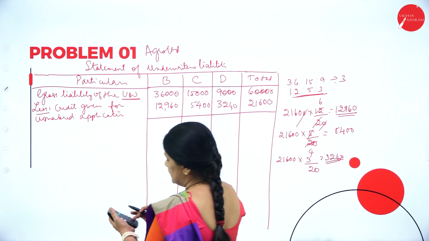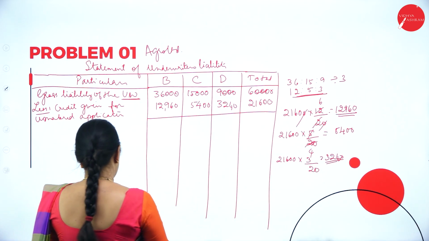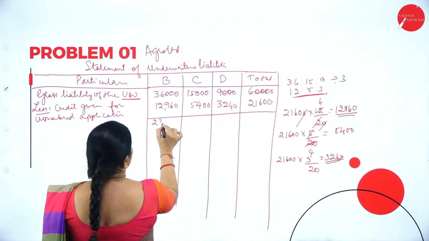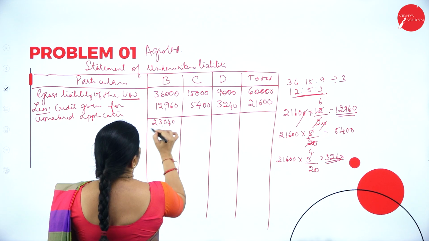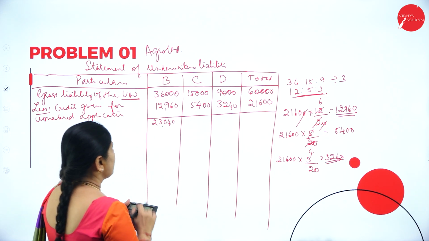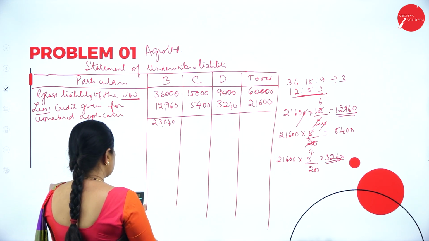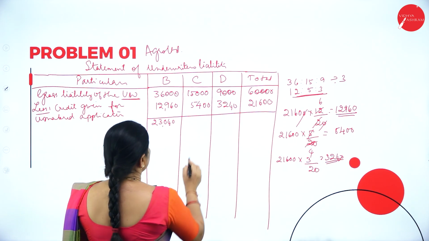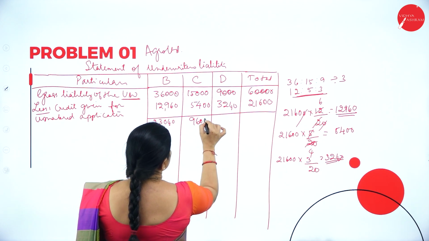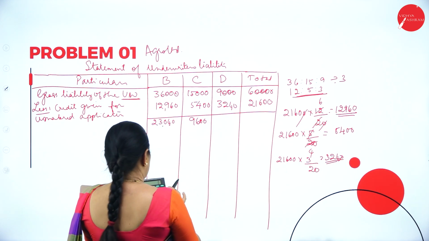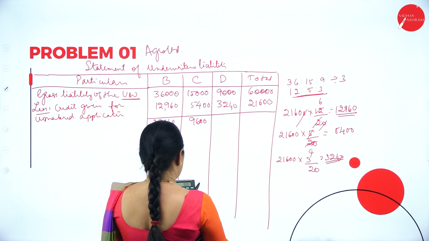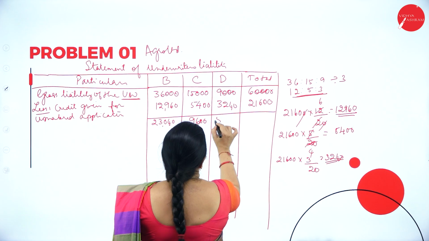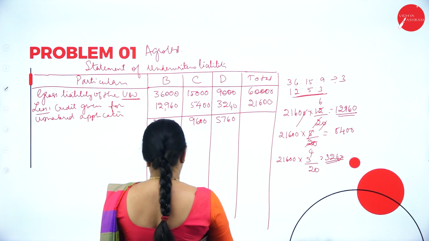Now we deduct all this. So I get 36,000 minus 12,960, which becomes 23,040. Then 15,000 minus 5,400 equals 9,600. Then 9,000 minus 3,240 equals 5,760.